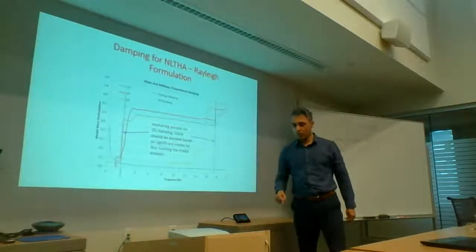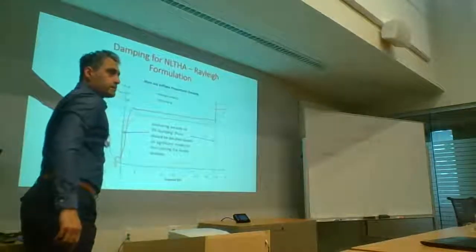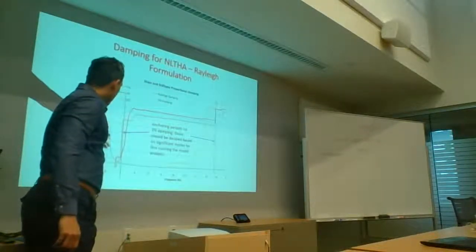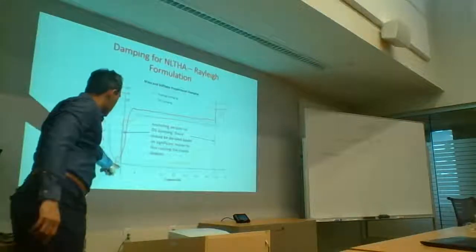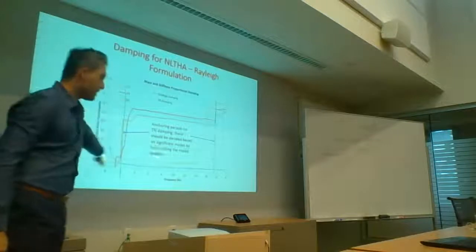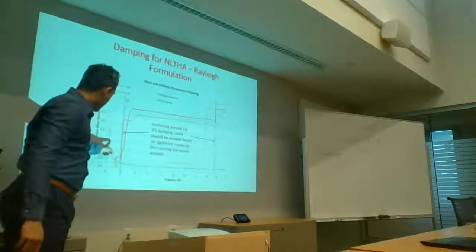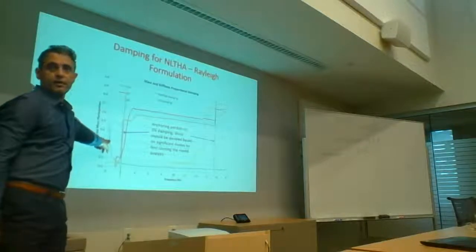Now, if you had a mode sitting out here, then you would be hugely overdamping it, because we're trying to damp to 5%. This green line is the 5% line. If this mode were sitting here, you'd be damping it to 30%, not 5%.